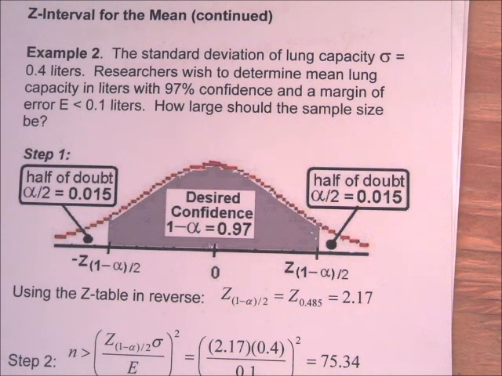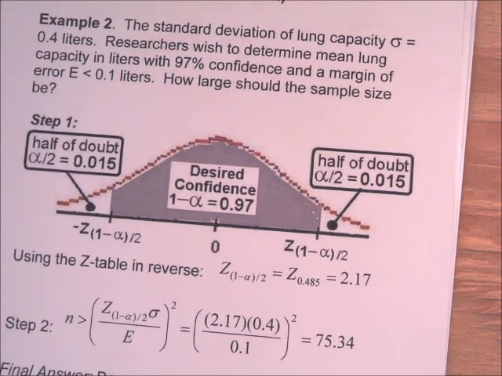So now, before you take a sample, it's sometimes helpful to know how big the sample should be. If the sample is too small, it may not give you the results that you want, and if the sample is too big, you'll have the results that you want, but you may be spending more money than you need to spend.